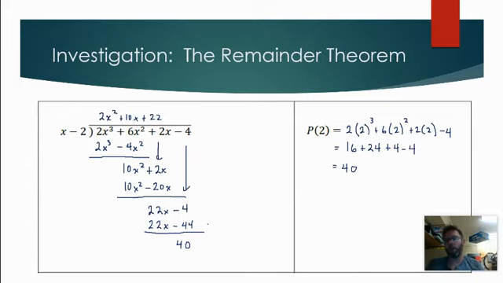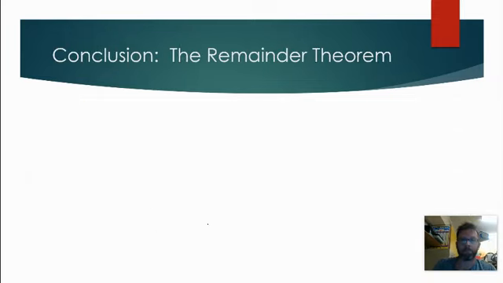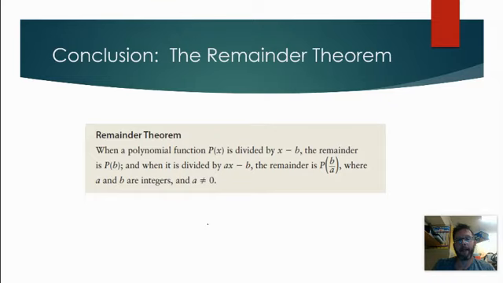So what you guys have verified here is actually the remainder theorem. And we can summarize the remainder theorem in this way. When you take a polynomial and you divide by some binomial x minus b, the remainder corresponds to the value of that function at b, which is pretty cool the way that works.